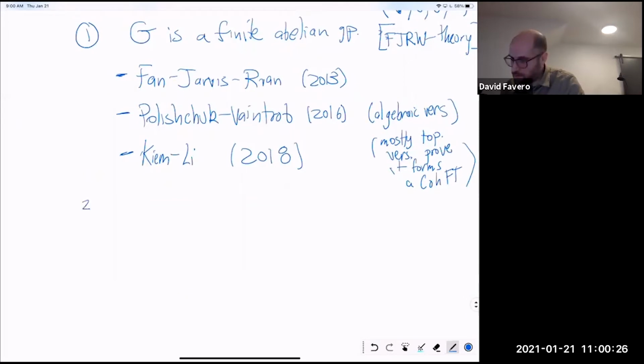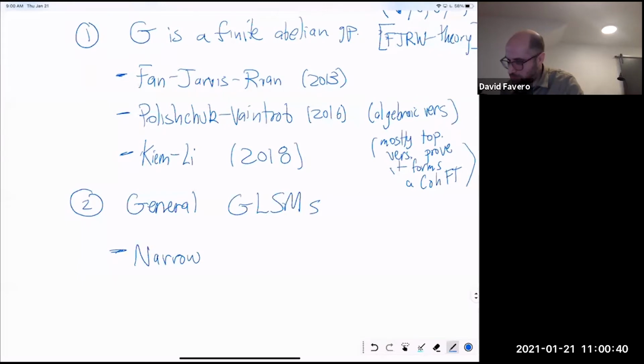So one was the narrow sector case. I'll just put it this way, consistent. So this is again Fan, Jarvis, Ruan. Now in 2018, but this was narrow sector only.